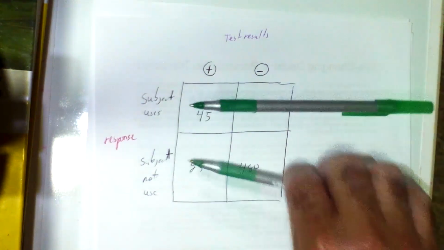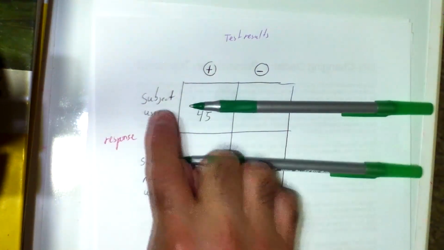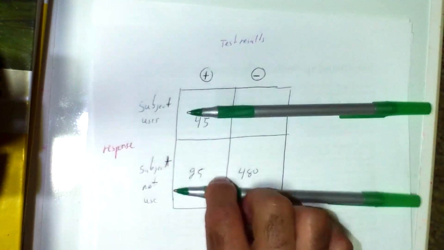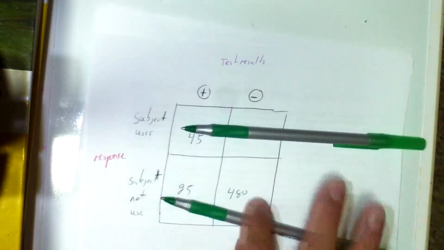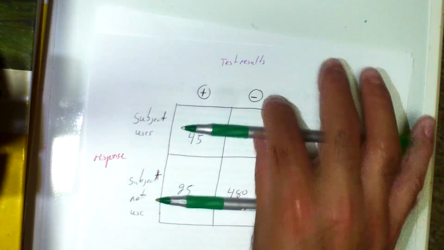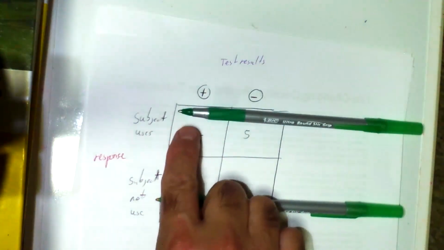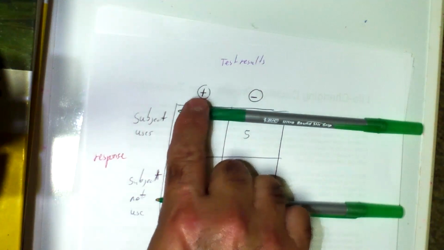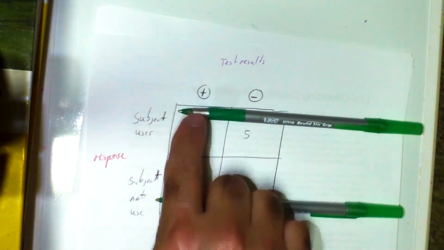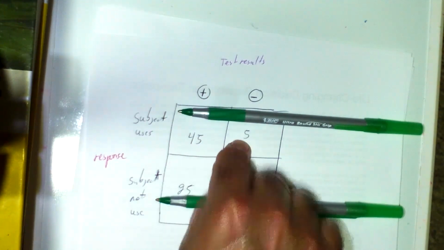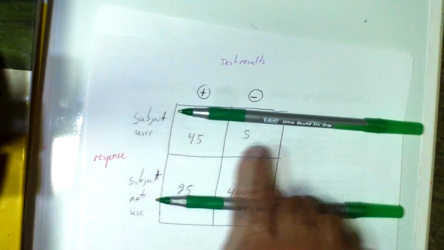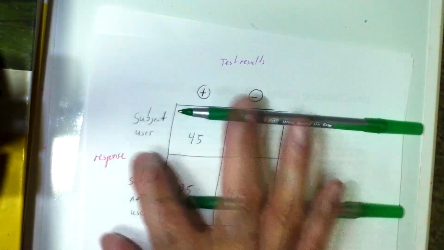Row-wise, this row represents the people that use drugs. They said that they use drugs. But this one says that the test result indicated that it did. This one indicated that they didn't. This is subject uses drugs. These are the responses.